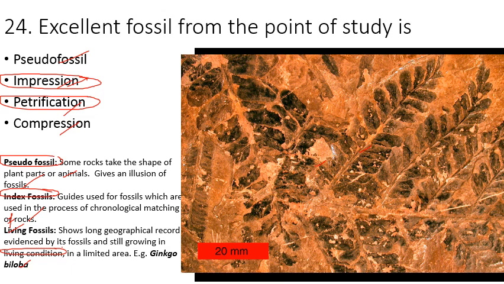So we can see the impressions, in this case leaf impressions on the rock. So these two-dimensional impressions are known as impressions. It means the remains of the plant decay completely, leaving its impression on the rock. So we can visualize the surface details of the fossilized plant. So the surface details of the plant we can study in this. This is called impression.